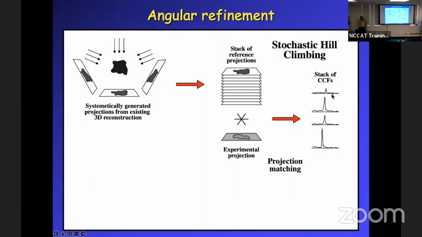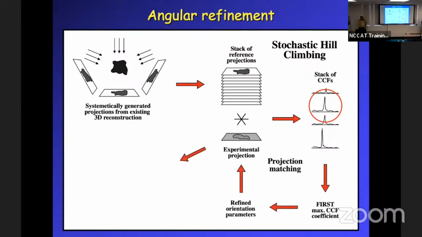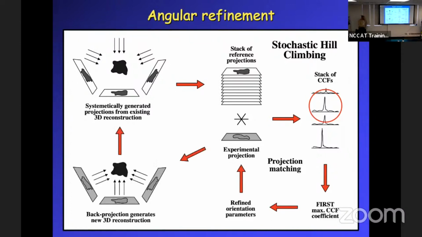Now you take this one, you don't care what is coming behind. You align these orientation parameters to your experimental projection and do the same thing again. What this means is that you no longer drive your alignment exclusively towards your model. You have some stochastic element to it, and that allows you to get away from total model bias.